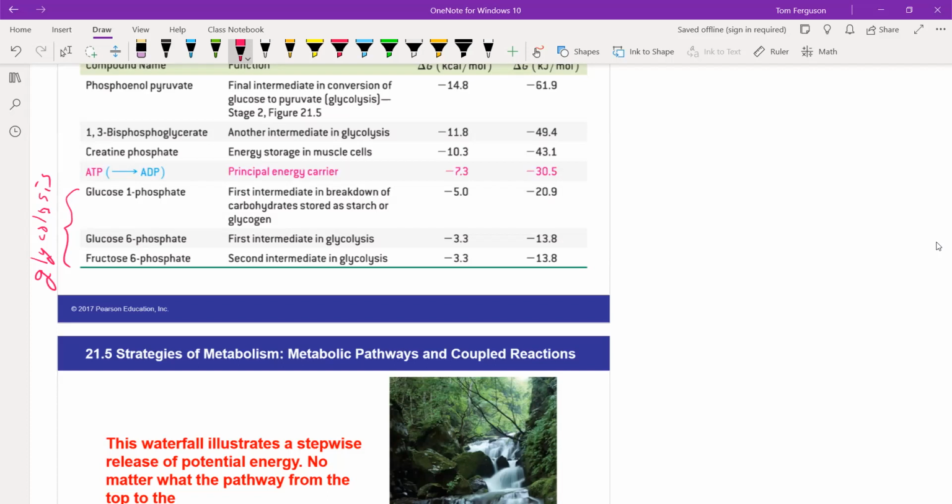The first three steps of glycolysis: the first step is glucose 6-phosphate. The second step is 1,6 bisphosphate.